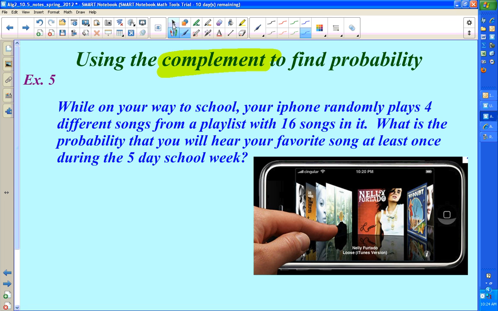Well, in order to do that, you would have to find the probability of hearing your song how many times? Once, twice, 3 times, 4 times, and all 5 days that you heard your song. Okay? It's going to be quite the challenge.